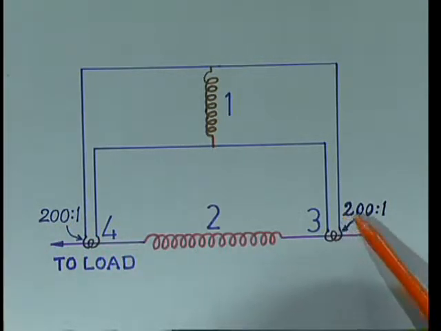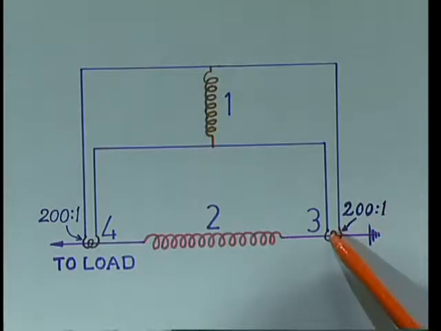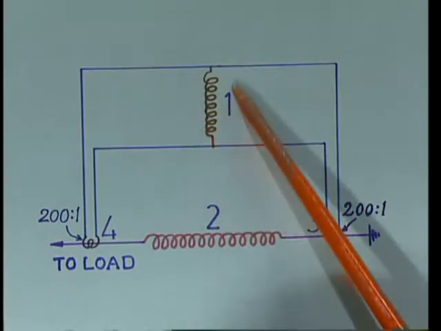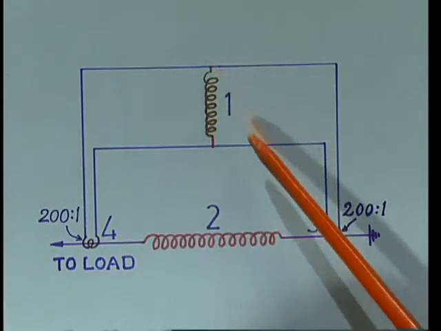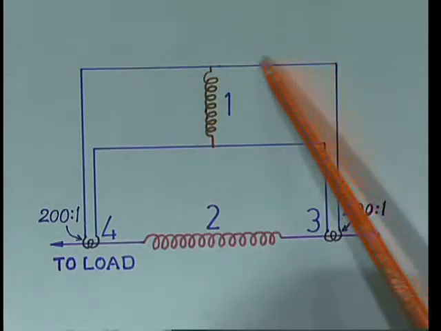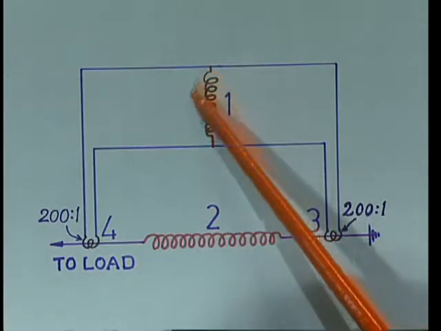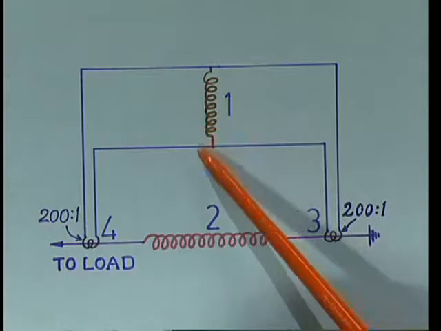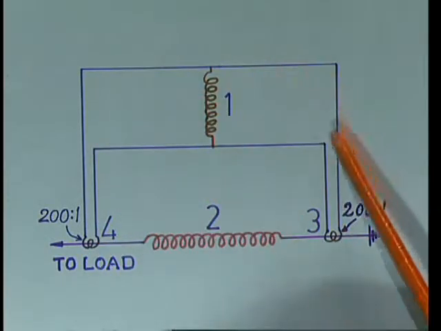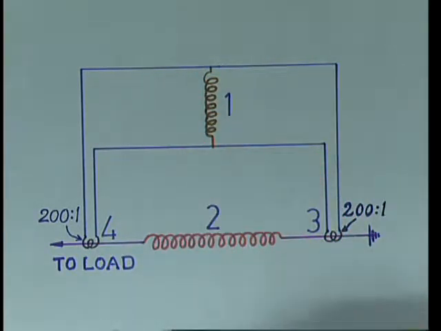Both are similar, 200:1, and the operating coil is connected across the secondaries of the two CTs. So whenever the operating coil carries differential current, then the relay works.